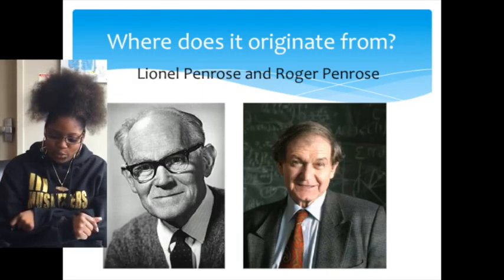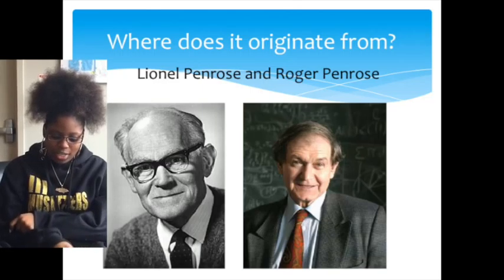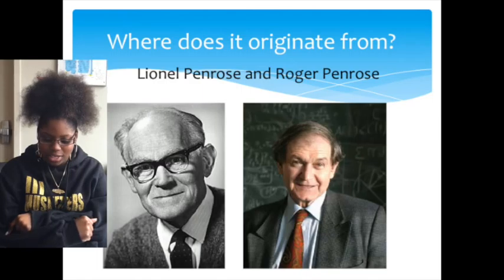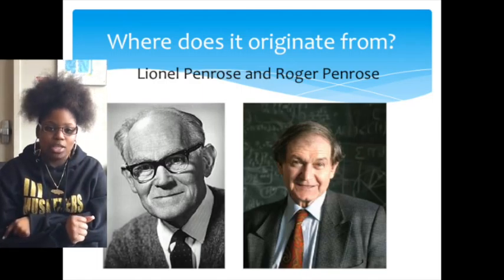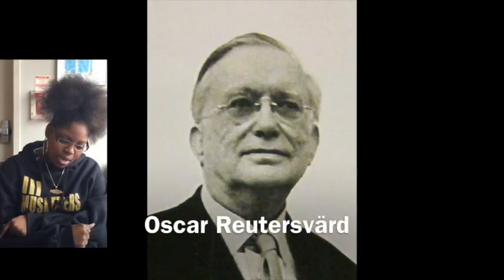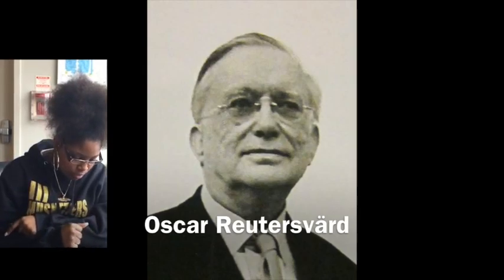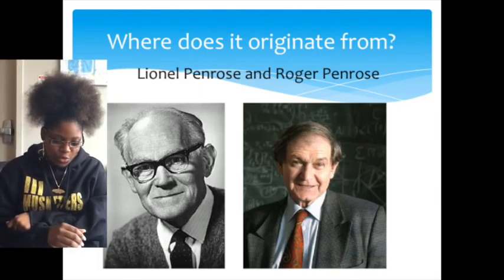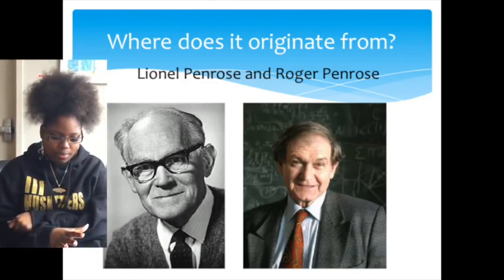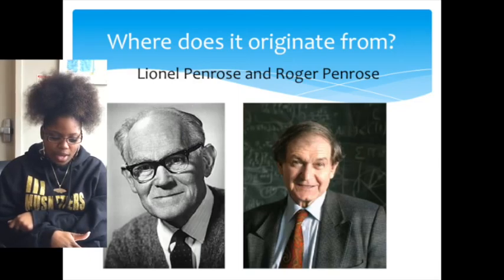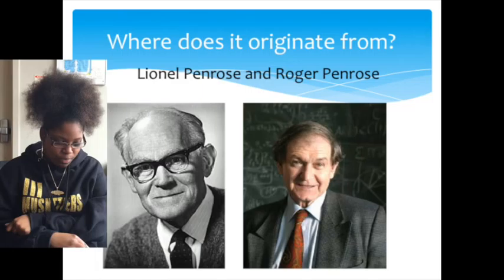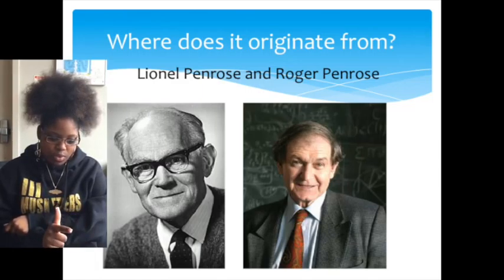Even though Roger and Lionel gave us the endless staircase, it was discovered several years earlier by a Swedish man named Oscar R. Lionel Penrose is best known for his research on rare causes of Down syndrome and other disorders. He is one of the first to prove a link between maternal age and Down syndrome.